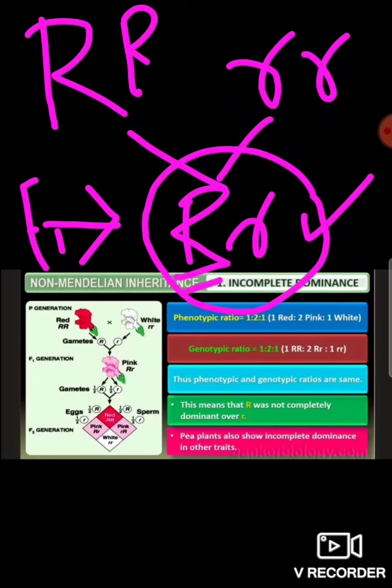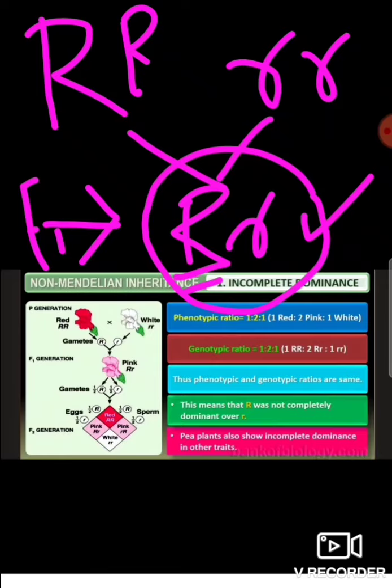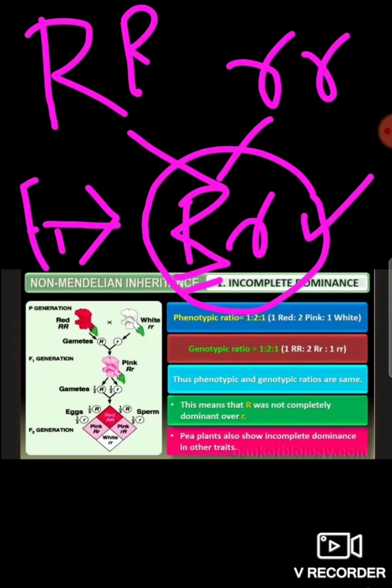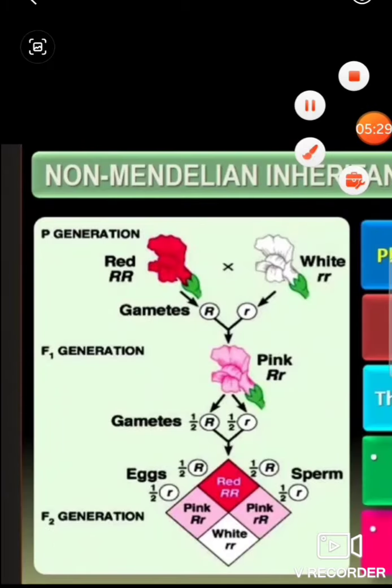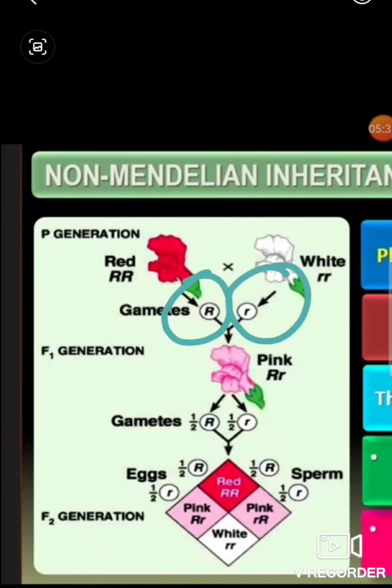But here it is not happening like that. Here the red is showing pink color. Red is not completely expressing, and it is showing pink. You can observe here that red is dominant and white is recessive.